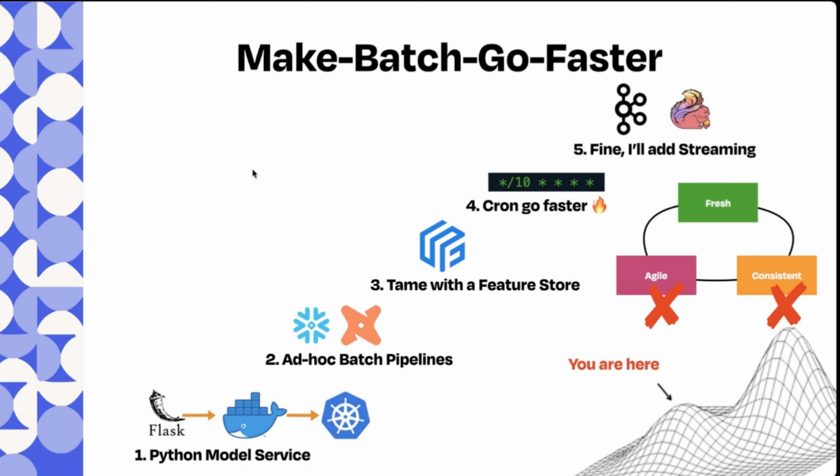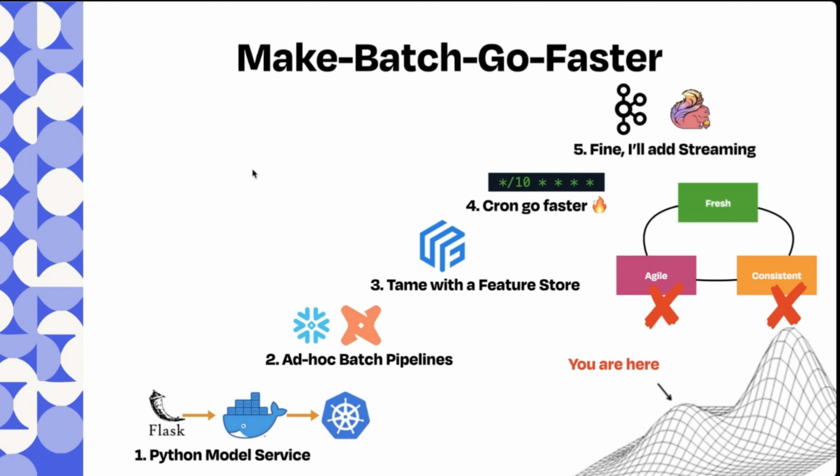And so the next claim that I want to make here is that this hill climbing that teams often go through leads to outcomes, at the end of this journey, where they're sacrificing quite a bit in terms of agility and consistency in order to achieve that freshness, arriving at a local maximum.